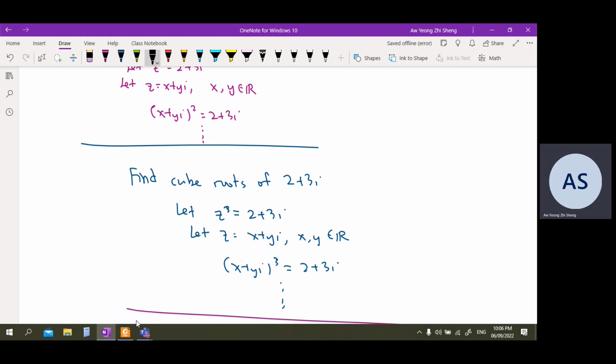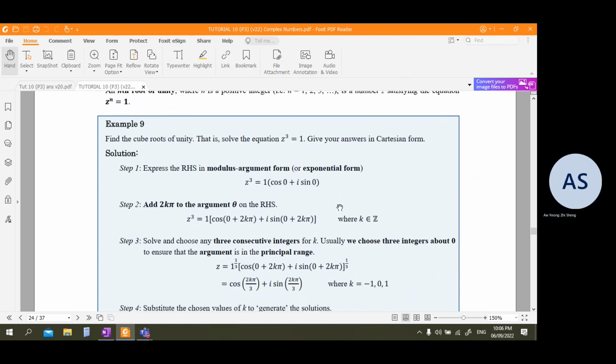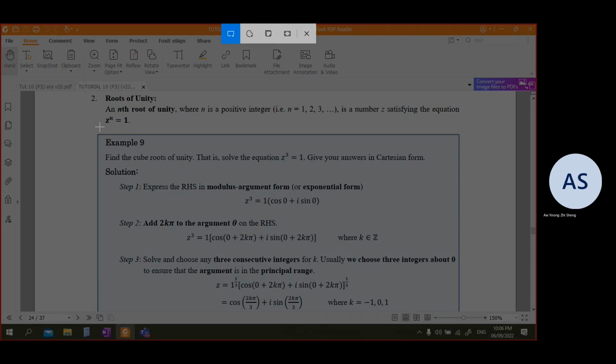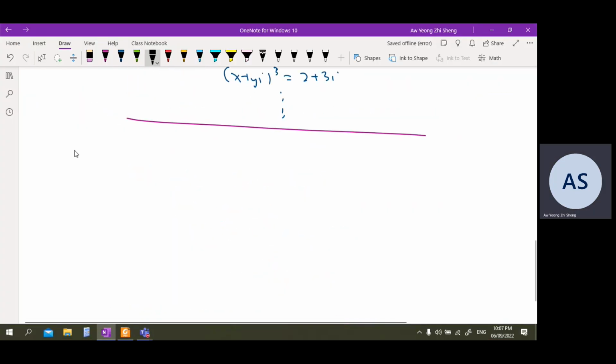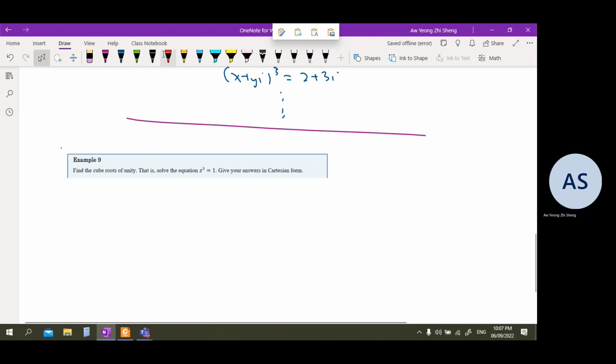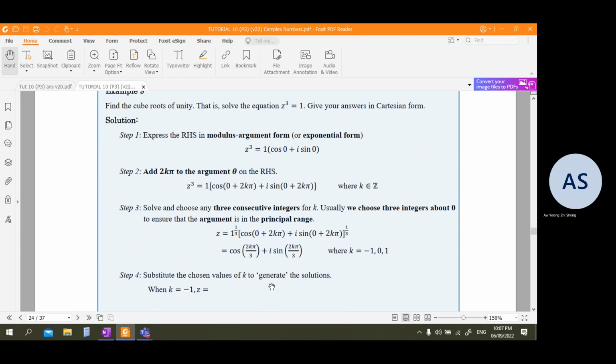In example 9, it shows you the procedure. Find the cube roots of 1. Solve the equation z cubed equals 1, and give your answers in Cartesian form. The solution is already partially printed for you. The first step is to express the right-hand side in polar form, either modulus-argument form or exponential form.